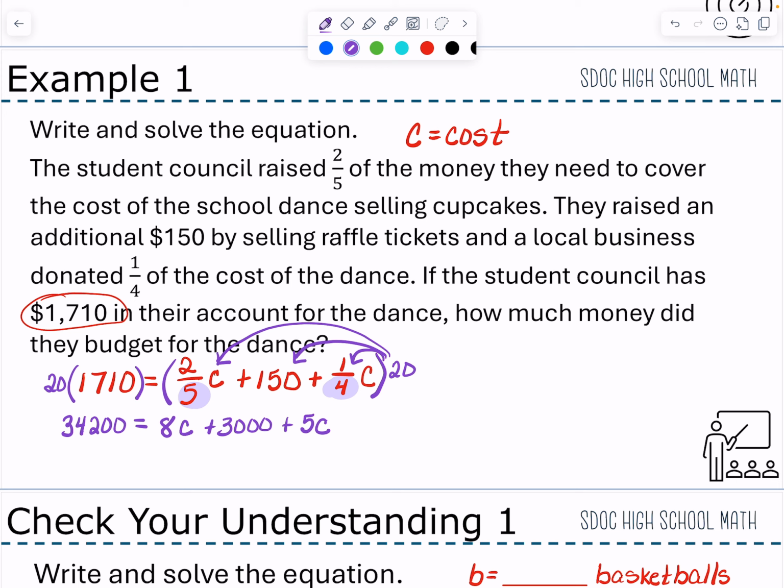Okay? Now combining, I have 34,200 is equal to 8C and 5C gives me 13C plus 3,000. Subtract 3,000 from the opposite side.